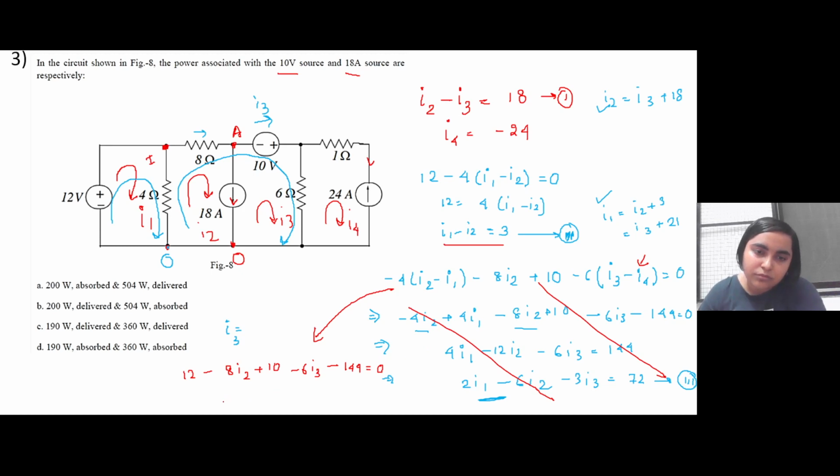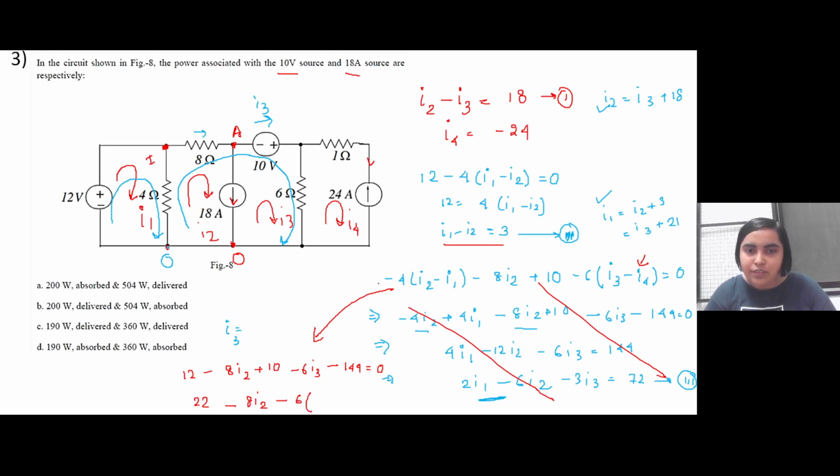So now we have to replace either I2 or I3, right? So let's see. I2 will be equal to 18 plus I3. So it is 12 plus 10 is 22 minus 8 I2 minus 6.